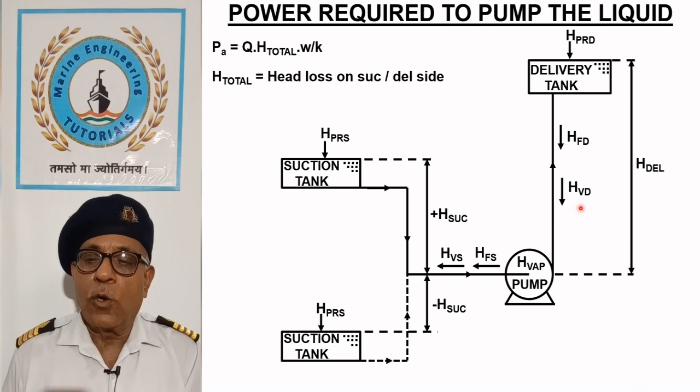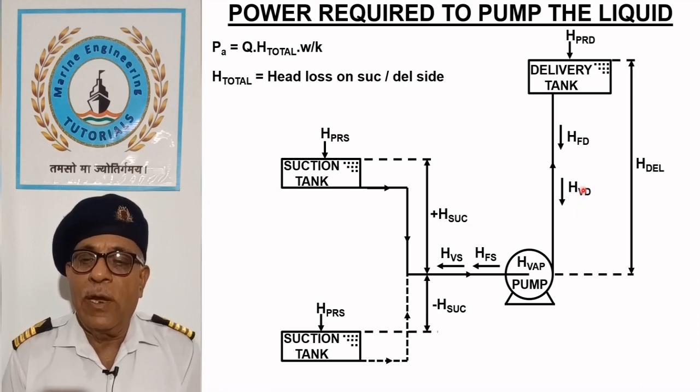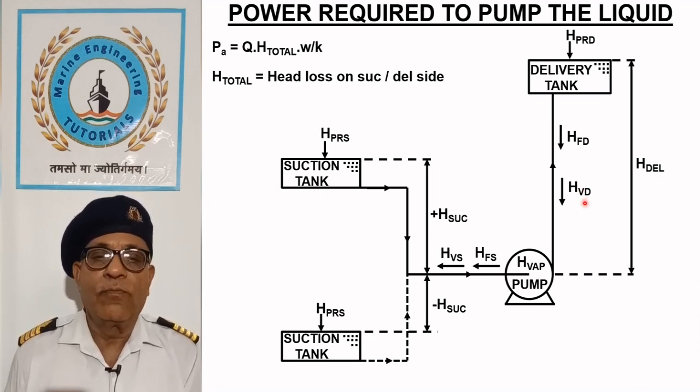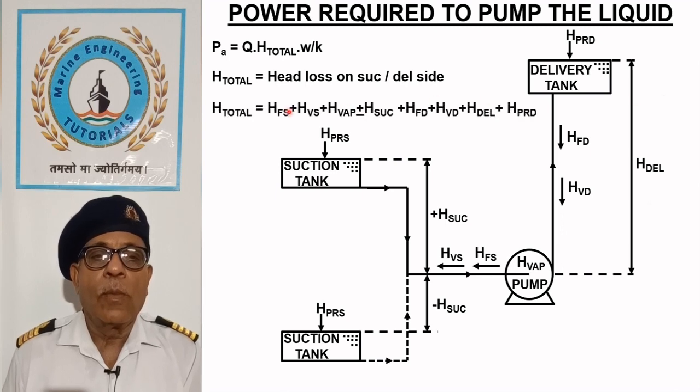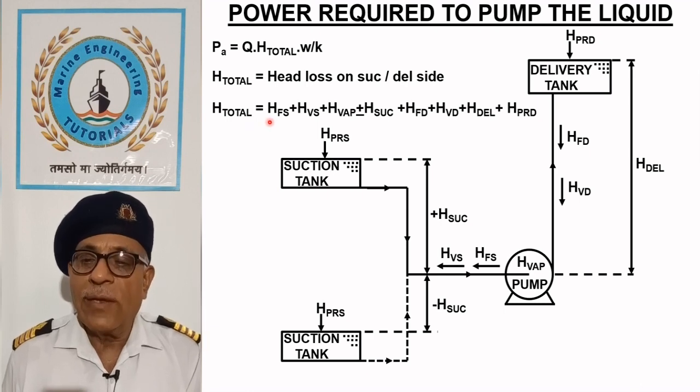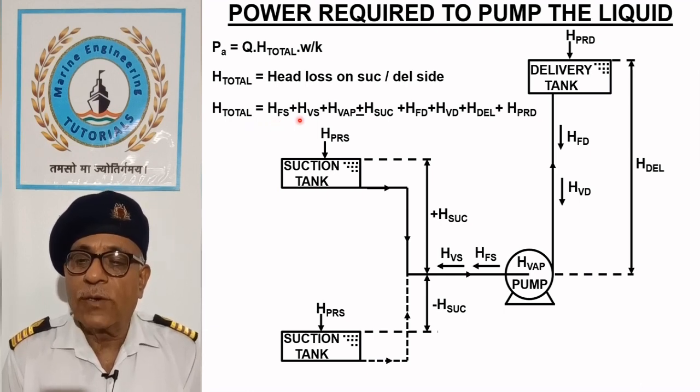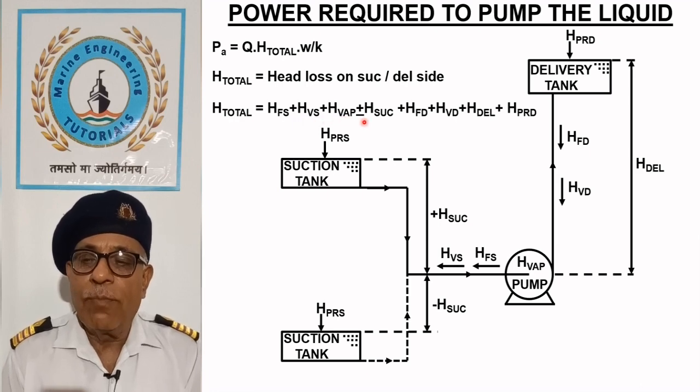HVD is the loss of head on delivery due to velocity. H total is the sum of HFS plus HVS plus HVAP plus minus H suction plus HFD plus HVD plus H delivery plus HPRD.